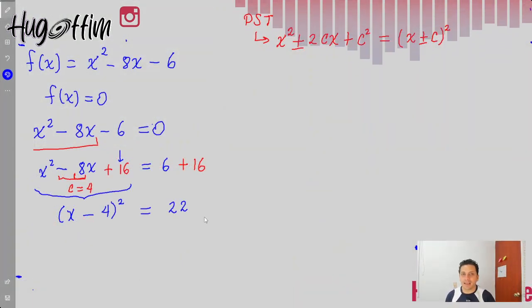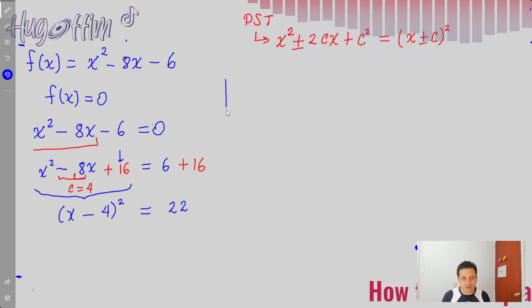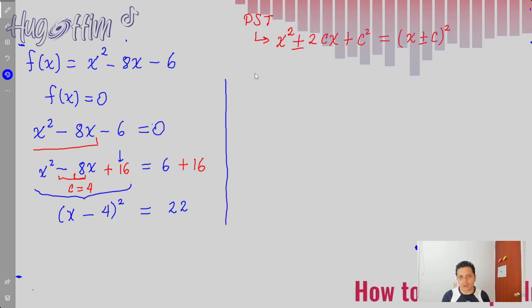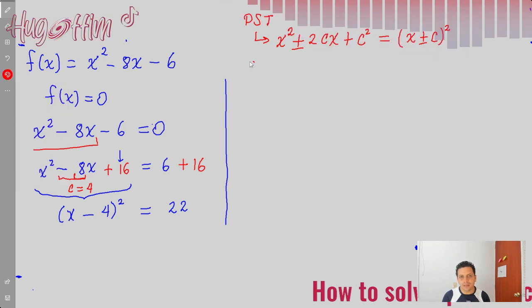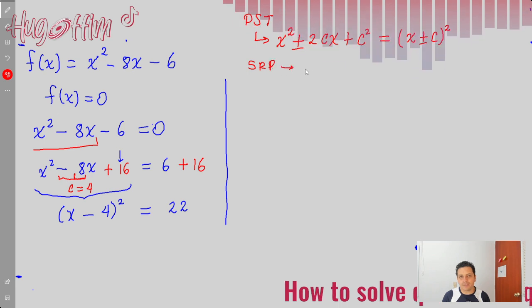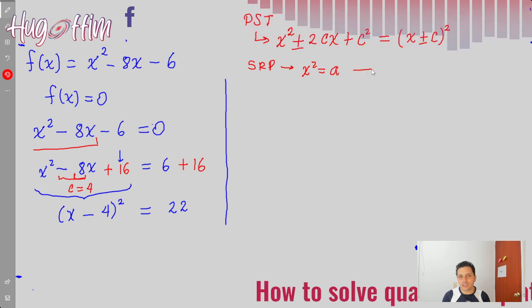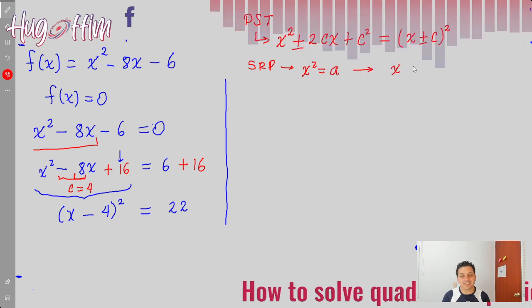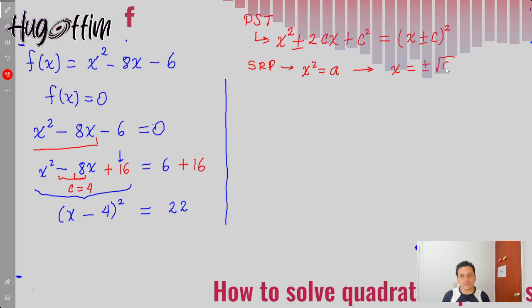Now that I completed my square and I have my perfect square trinomial, I just need to apply the square root property. I hope that you remember the square root property, but I'm going to rewrite it here. The square root property only establishes that if you have x squared equals a, this is the same as x equals positive or negative the square root of a.